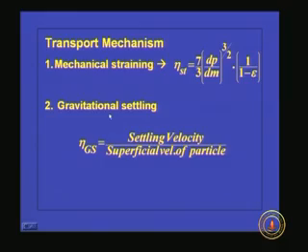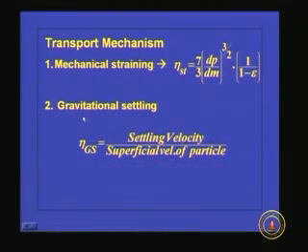And next one is gravitational settling. Here what is happening is, there are many filter media or filter grains. In between these filter media, there will be small pockets. Each of these pockets will be acting as a sedimentation tank. So, the particle coming from the bulk liquid will move into that pocket and settle because of the gravitational effect.